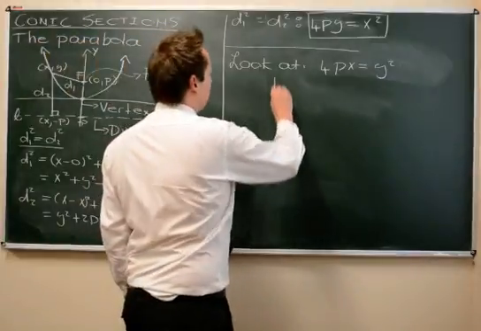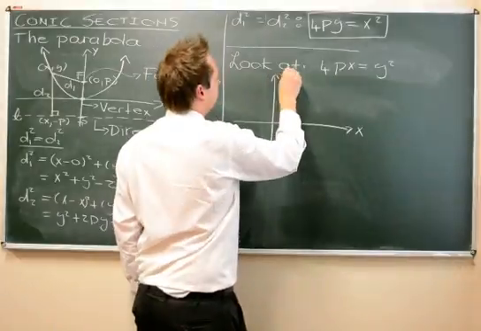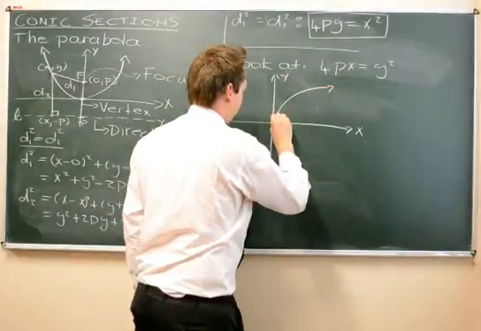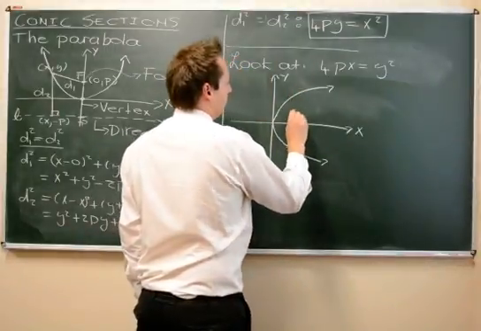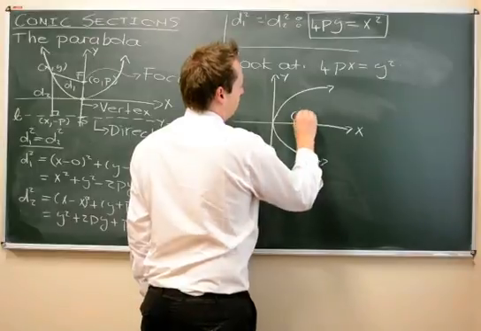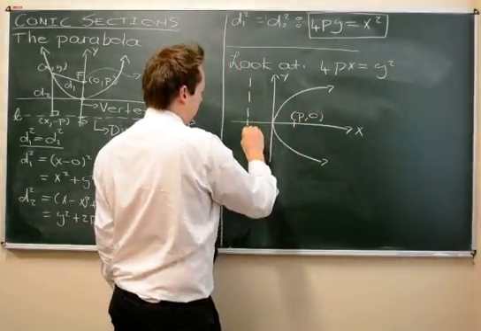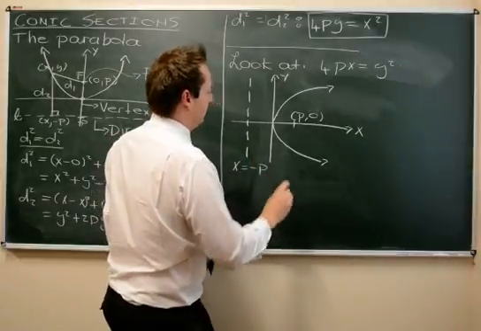So this parabola looks something like this. And its focus there at (p, 0), and its directrix would be x equals minus p.